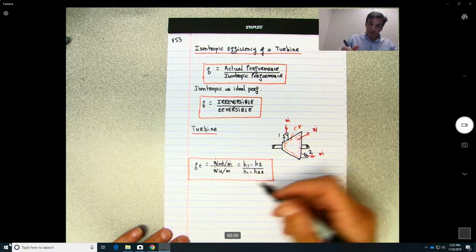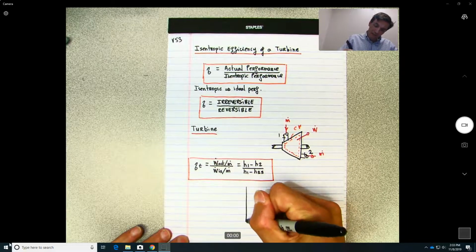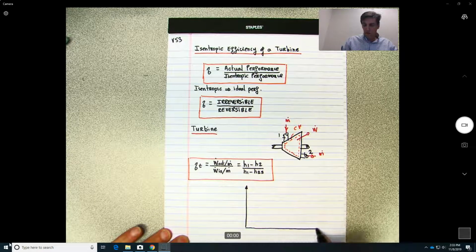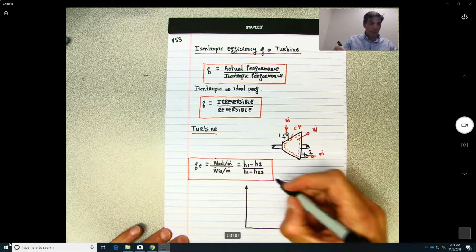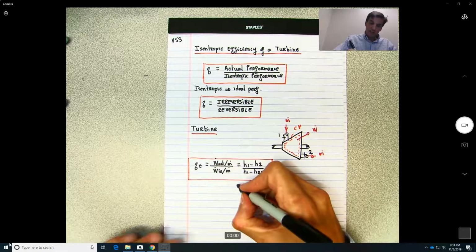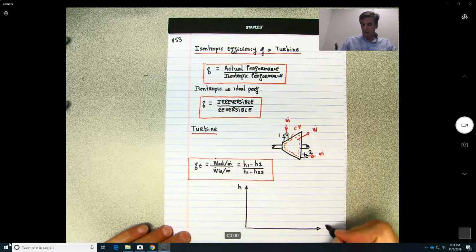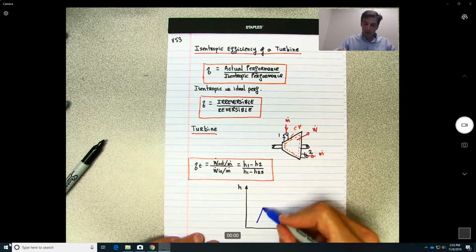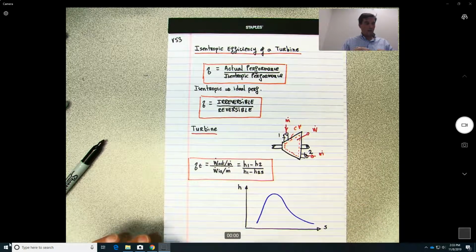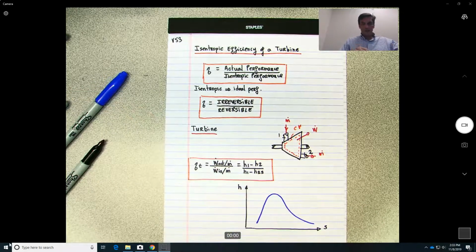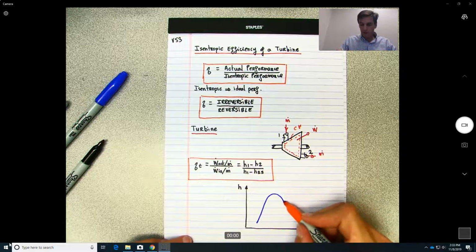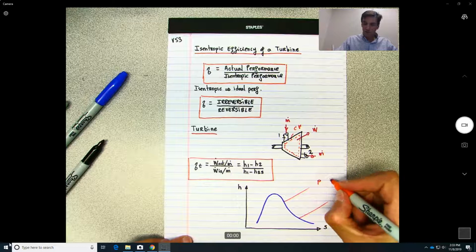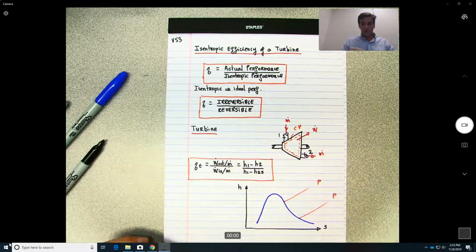Alright, so we need to do a figure for this. Generally, people will show this on an HS diagram. So this will be here, let's say your curve, and let's say you go here through two lines of different pressure, P1, let's say P2.